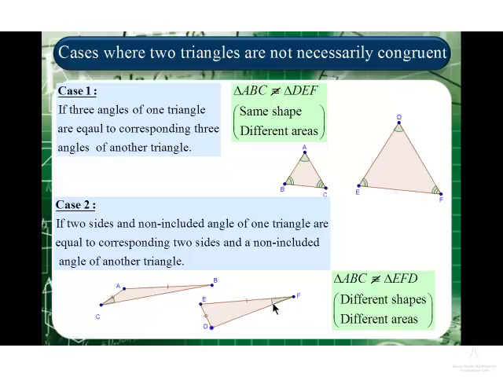In such a case, the two triangles are not necessarily congruent. They may have different shapes and also different areas, which by our definition of congruency rules out the situation where such triangles will always be congruent.